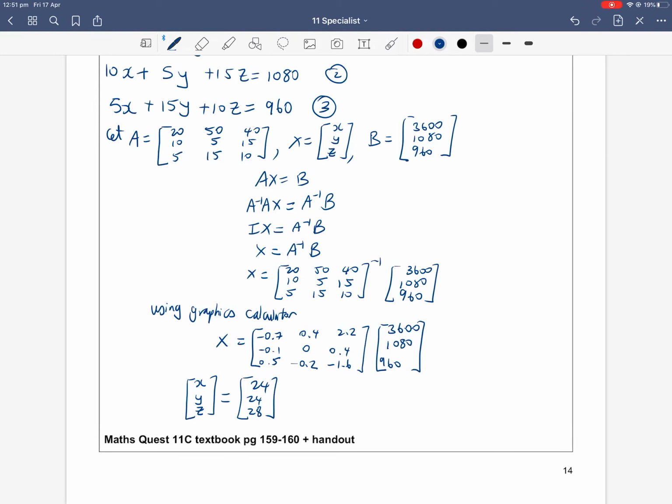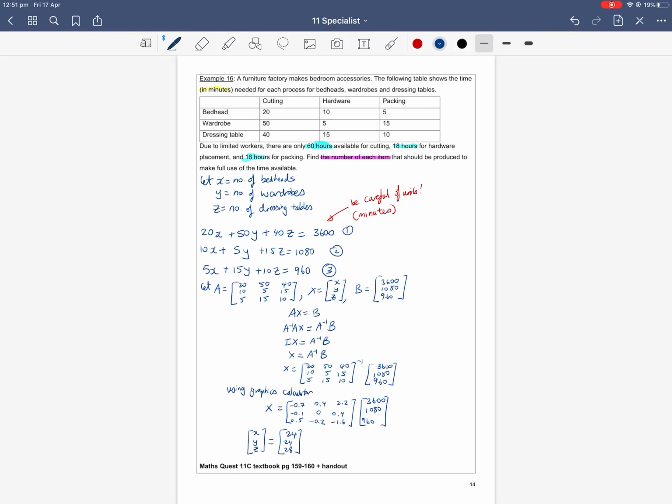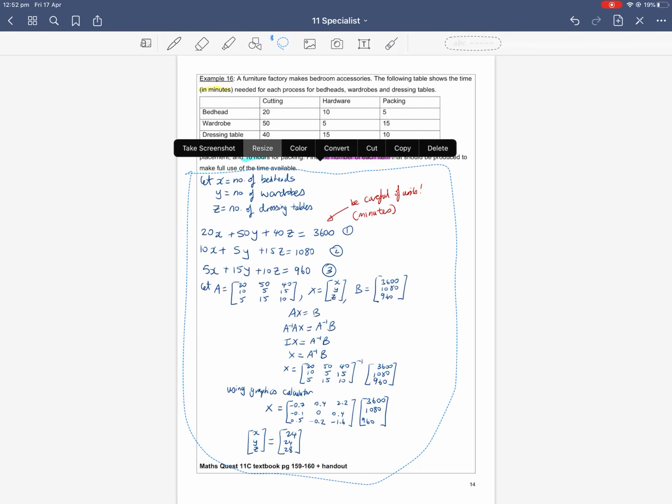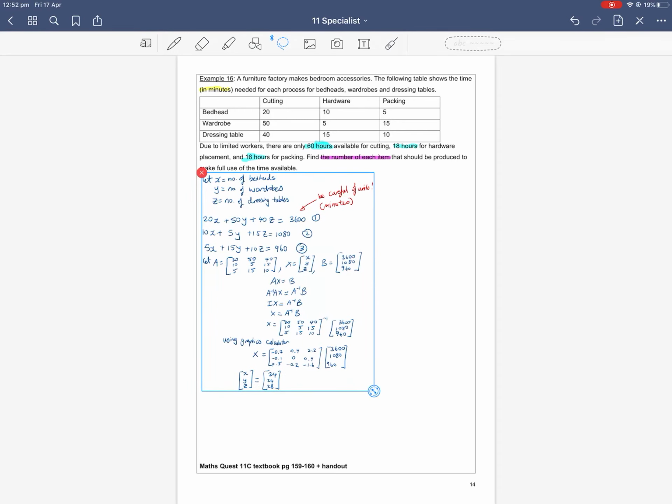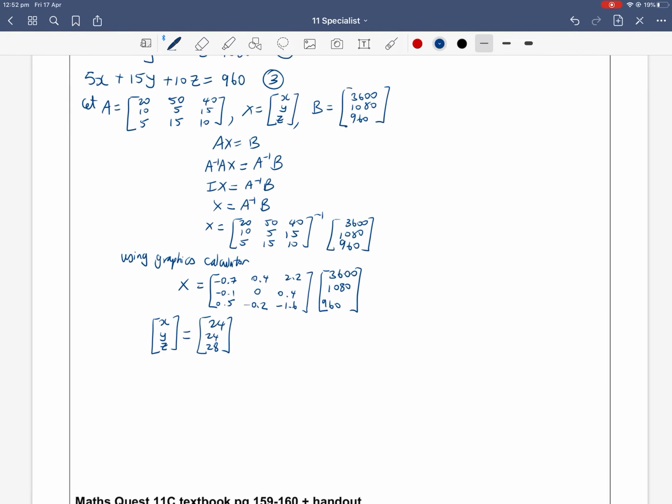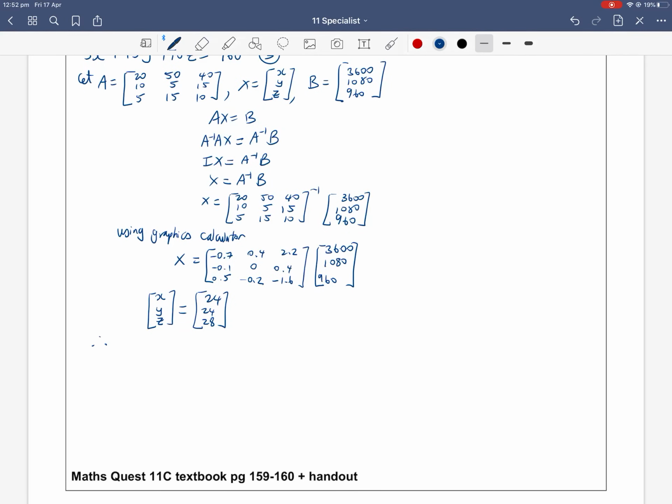So therefore x, y, z using a graphics calculator gives us 24, 24, and 28. So let me shrink this because I'm out of space. To finish off, finish with a sentence conclusion and then check your answers via substitution.